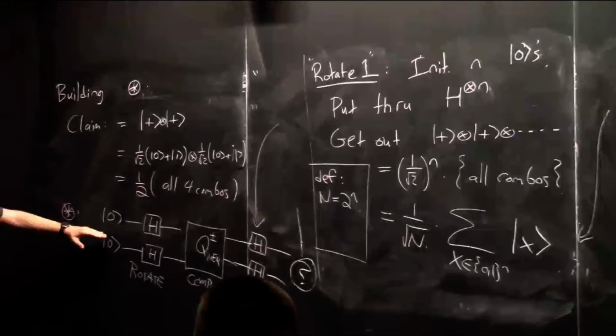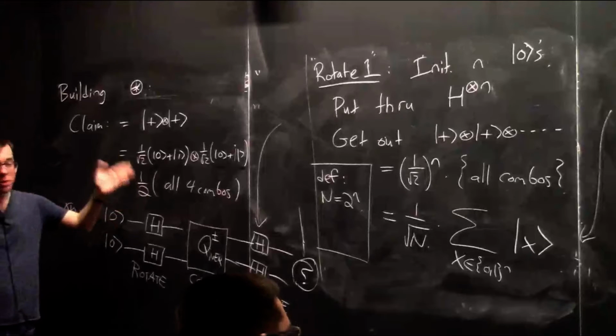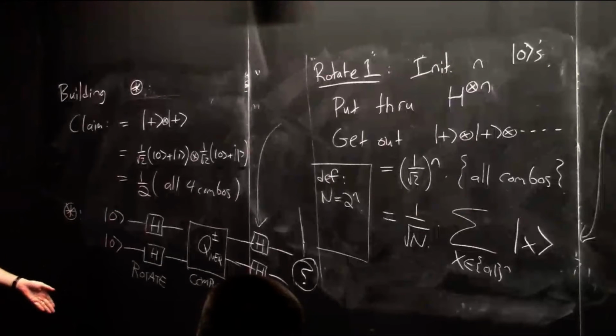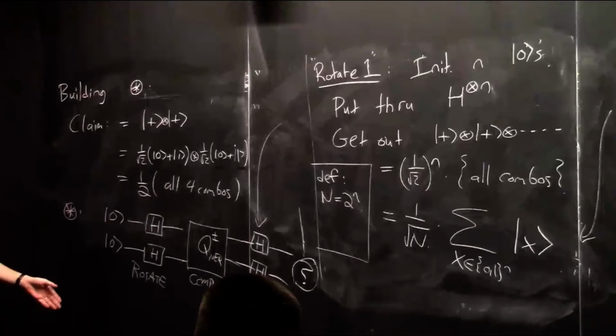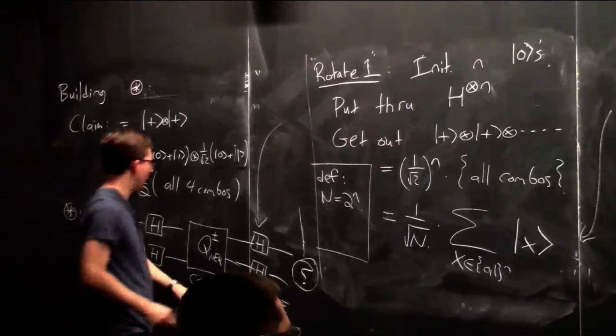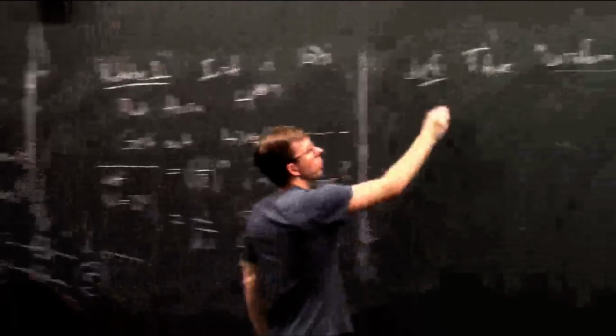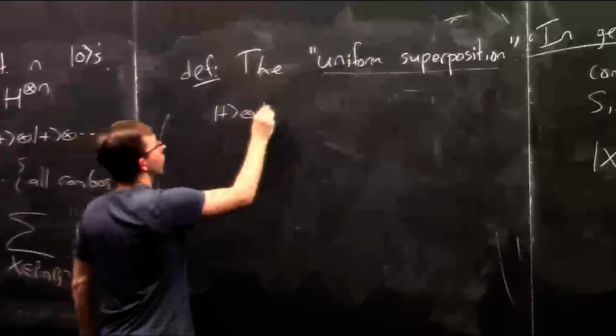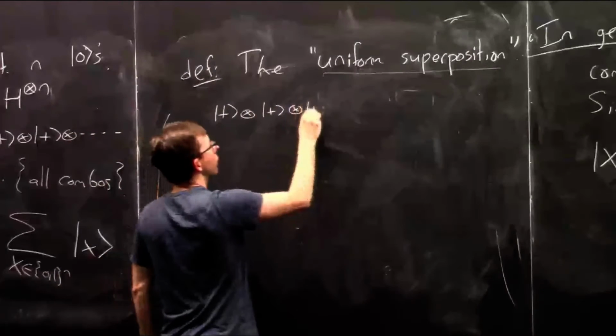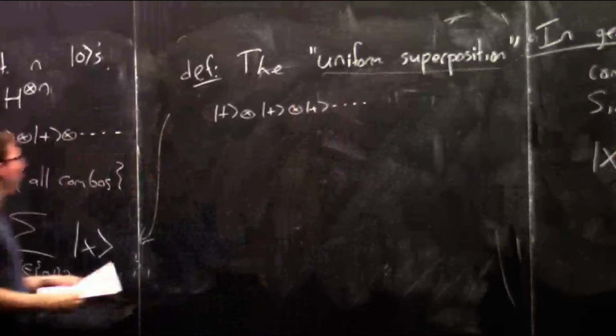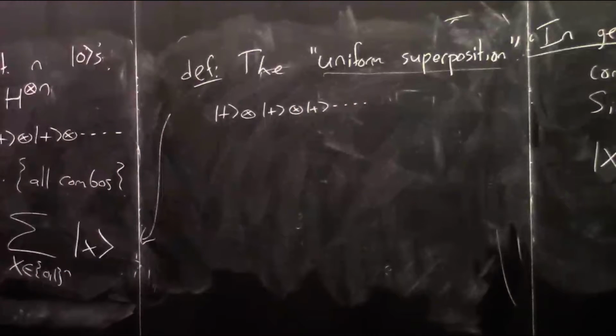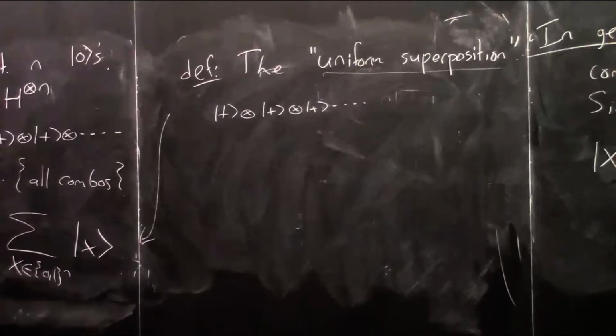In fact, the uniform superposition, despite appearances, is an unentangled state, right? Because it has this factorization as plus, tensor, plus, etc. So in fact, these qubits don't even have to be in the same room. A different person in a different lab can prepare each of them separately as pluses.